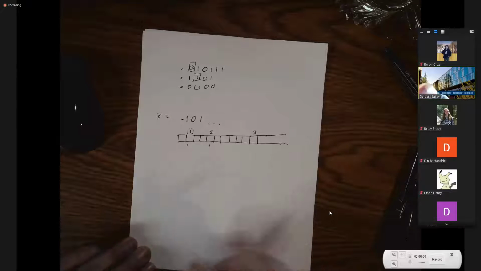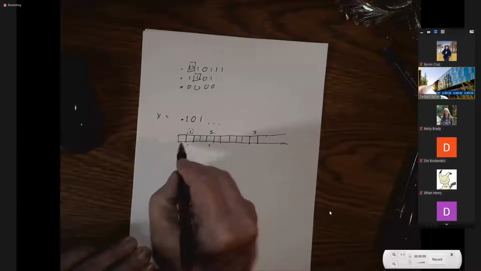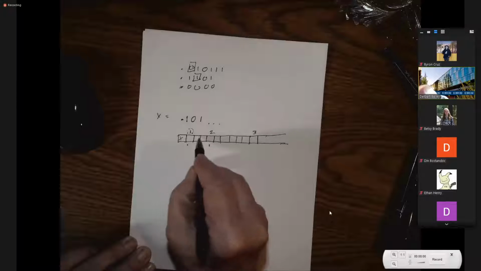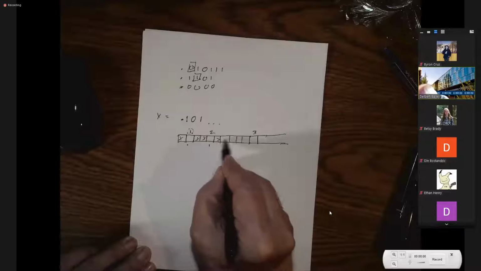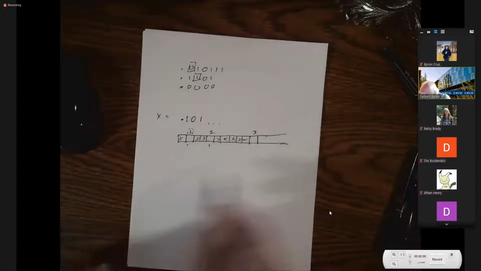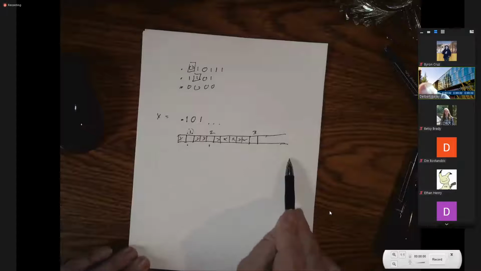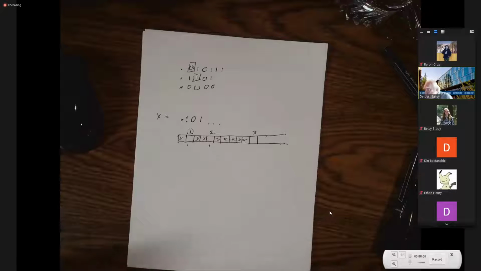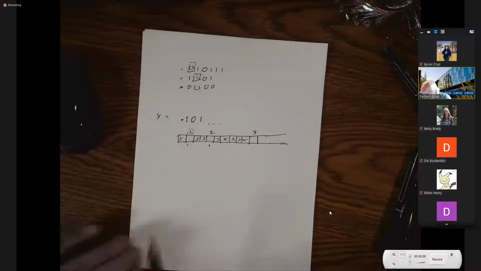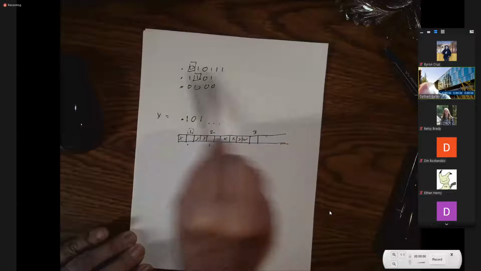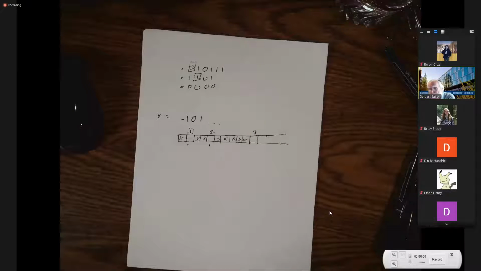And notice if you do it this way, we actually don't even care what's in these other locations, right? It could be anything. So if we did this construction, we're actually creating not just one number that's not in the list, we're creating many numbers that are not in the list. So definitely the assumption that you could put all of the real numbers into a list, in other words, that they're countable, leads to a contradiction. Any questions on that?